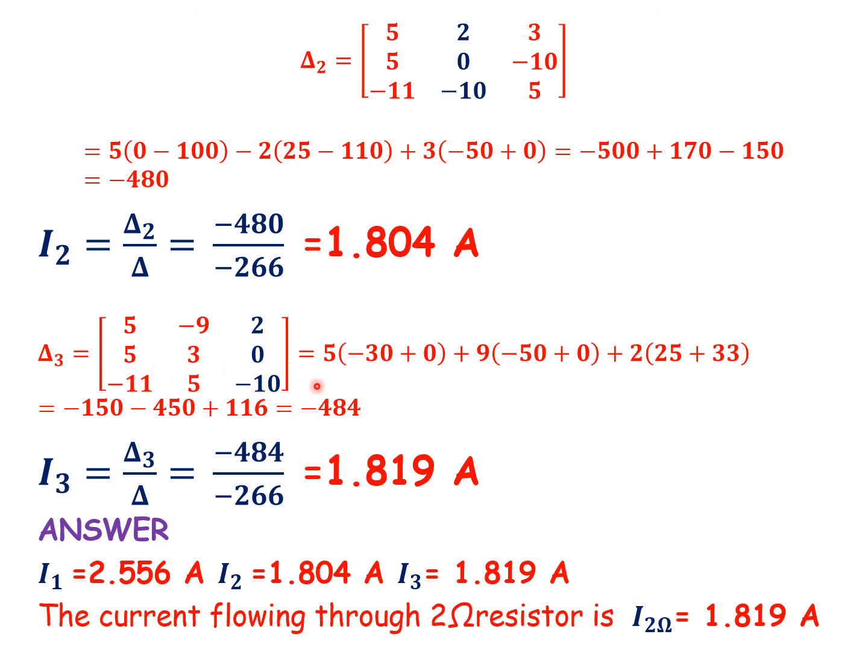Here also find the determinant. 5 into minus 30 plus 0, plus 9 into minus 50 plus 0, plus 2 into 25 plus 33. So the answer is minus 484. So I3 equal to delta 3 by delta. So minus 484 divided by minus 266, that is 1.819 ampere.